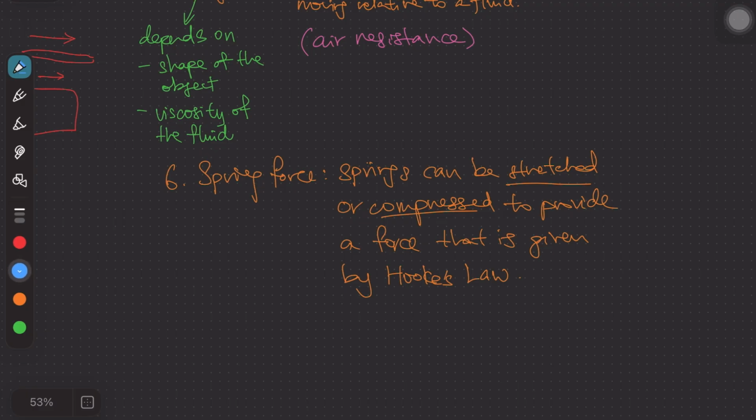So what is Hooke's law? It is given by F, the force, is equal to k, some constant, multiplied by x, the extension.